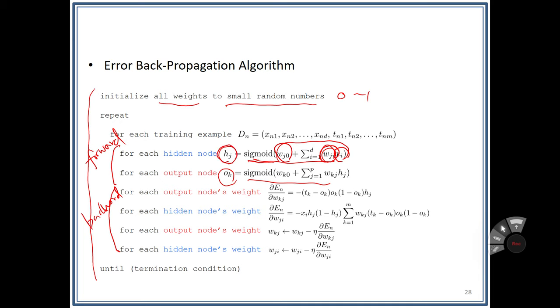Then we can find the value of hj, from h1 to hp, the outputs at the hidden nodes.